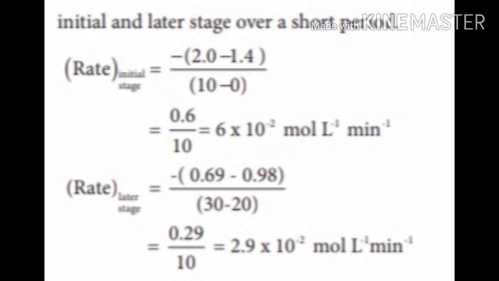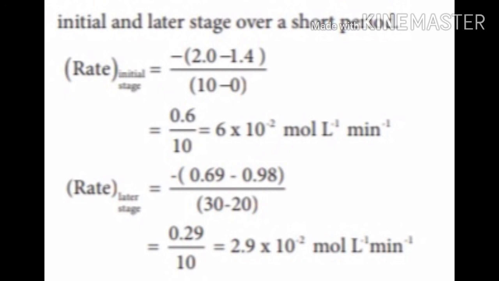The second is a short period at a later stage, 20 to 30 minutes: minus (0.69 minus 0.98) divided by (30 minus 20) minutes, so plus 0.98 minus 0.69, which is 0.29, divided by 10 minutes.